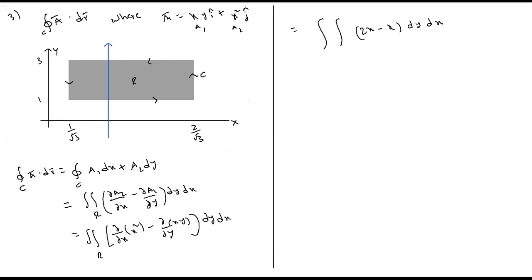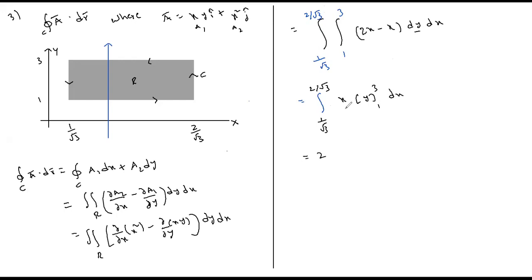So y varies from 1 to 3 and x varies from 1 by root 3 to 2 by root 3. 2x minus x is x. So x into, you are integrating with respect to y. So y with the limits from 1 to 3 dx. So 3 minus 1 is 2.